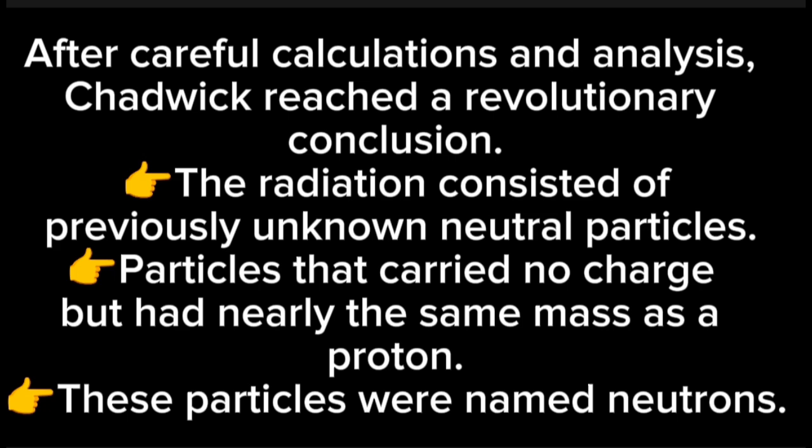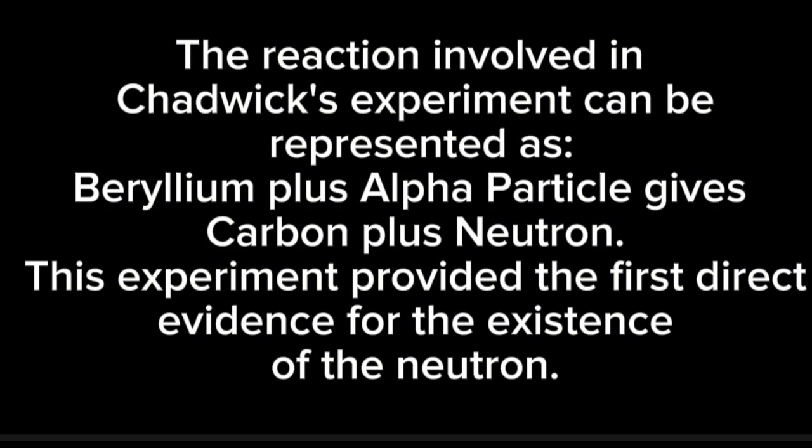These particles were named neutrons. Nuclear reaction. The reaction involved in Chadwick's experiment can be represented as beryllium plus alpha particle gives carbon plus neutron. This experiment provided the first direct evidence for the existence of the neutron.